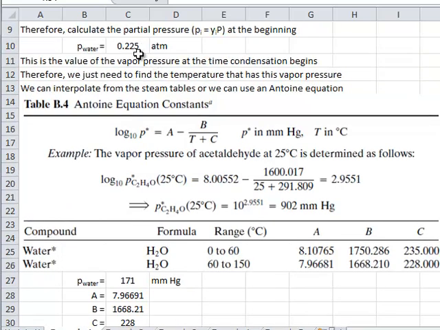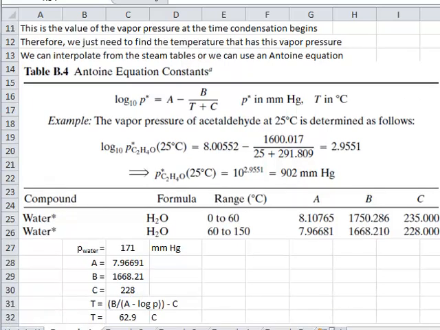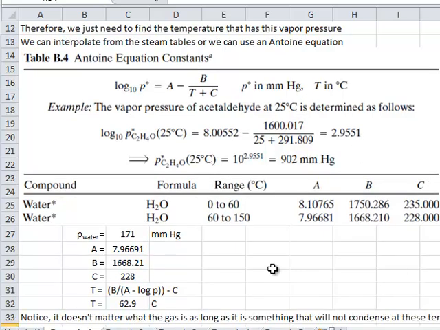I said that 0.225 atmospheres is the partial pressure of water, but this is going to give me a value in millimeters of mercury. So I changed that by noting that 760 millimeters of mercury is equal to 1 atmosphere of pressure. And so 171 millimeters of mercury is the partial pressure that I want.